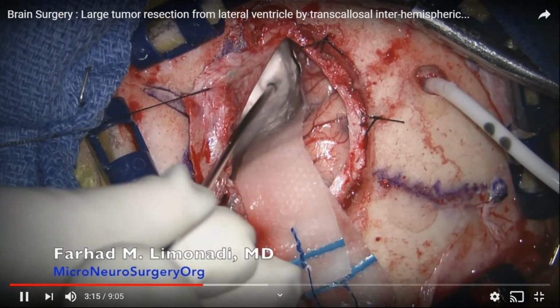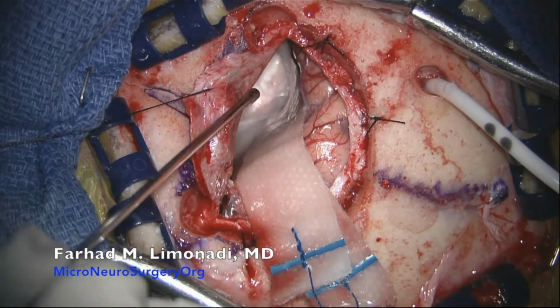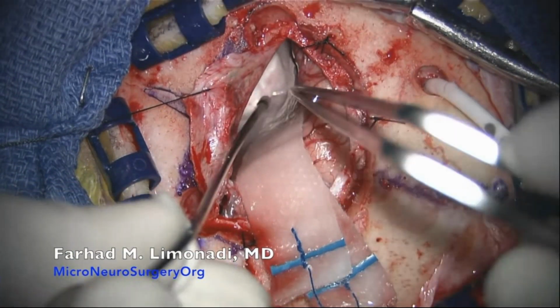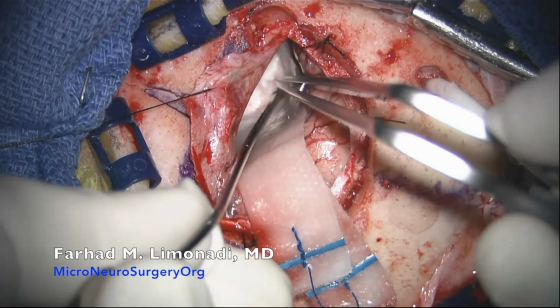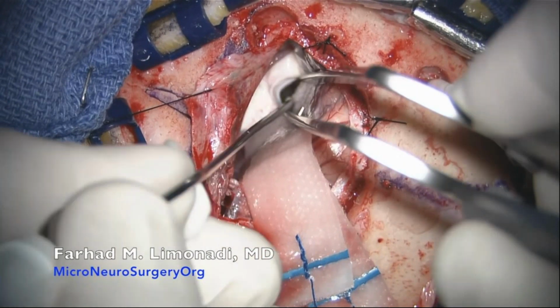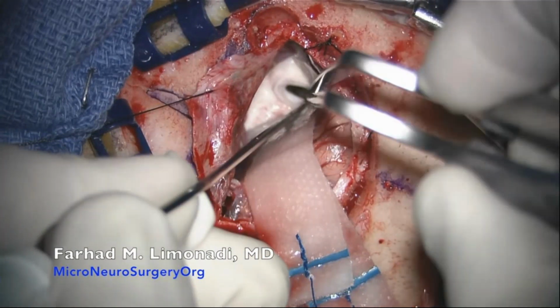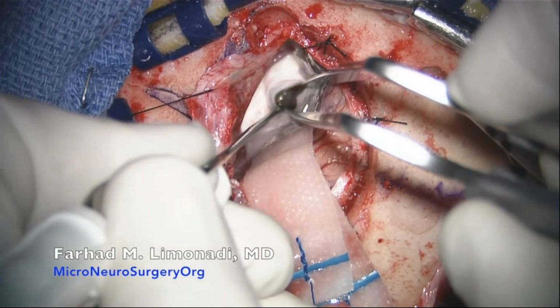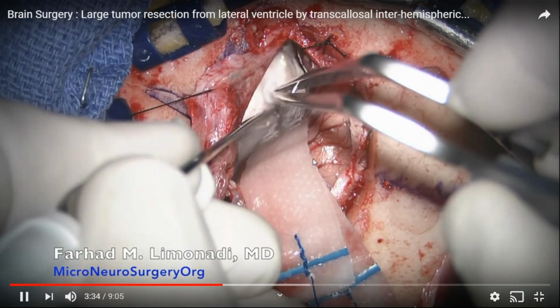Through this corpus callosum, they're trying to reach that mass which we saw in the MRI scan, in the body of the right lateral ventricle. As soon as the mass appears, they're going to open it.